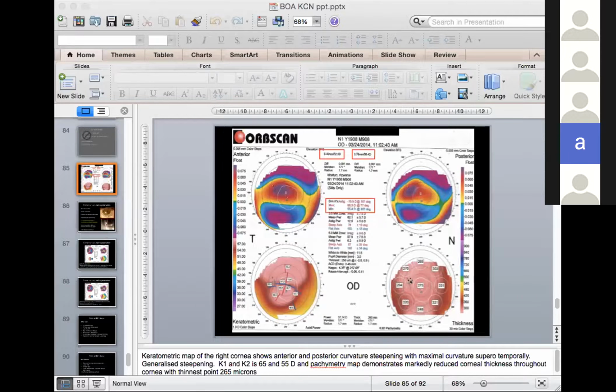Share screen, right. Yeah. So if you look at the pachymetry over here, which I'm pointing to, it is 275 in the center, and all around in the periphery, it's 250, 300. So in keratoglobus, the thinning goes right up to the periphery, to the limbus, and in most patients of keratoglobus it extends into the scleral area as well.